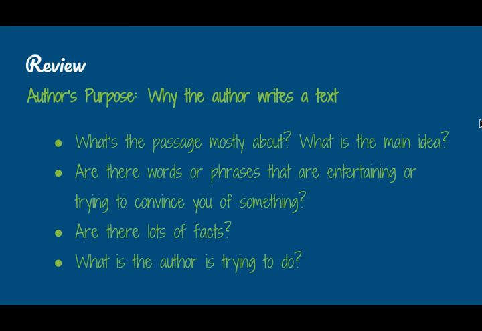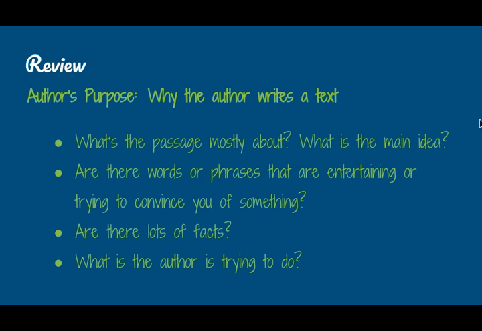So let's review. You are learning how to determine the author's purpose. The author's purpose is the reason the author wrote a passage. The purpose could be to inform, to persuade, which means to convince, or to entertain. Review the steps you can use to determine the author's purpose.